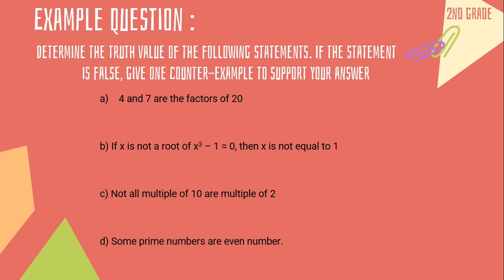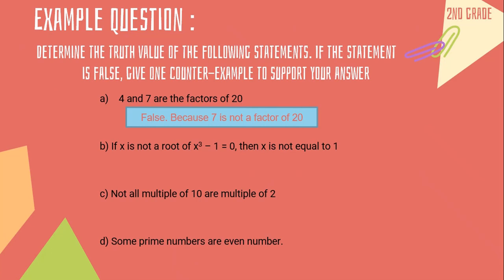The first question is: 4 and 7 are the factors of 20. So this statement is false. We need a counterexample to support our answer. It is false because 7 is not a factor of 20.